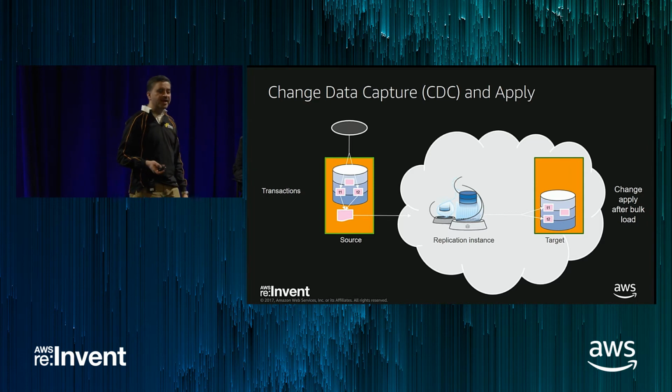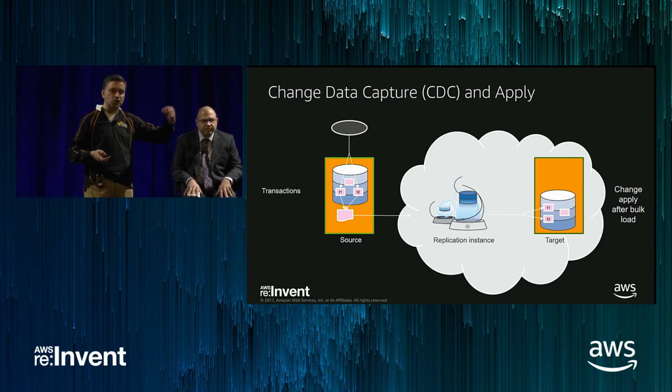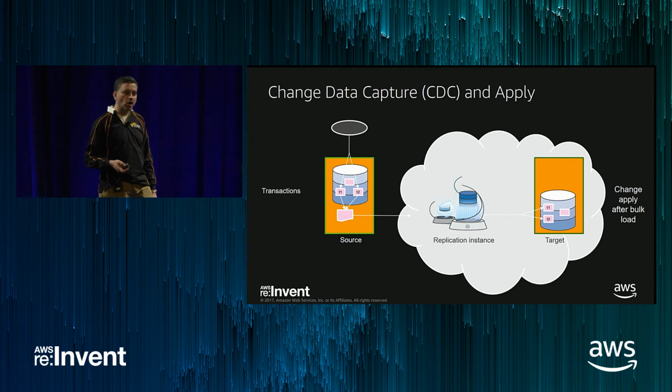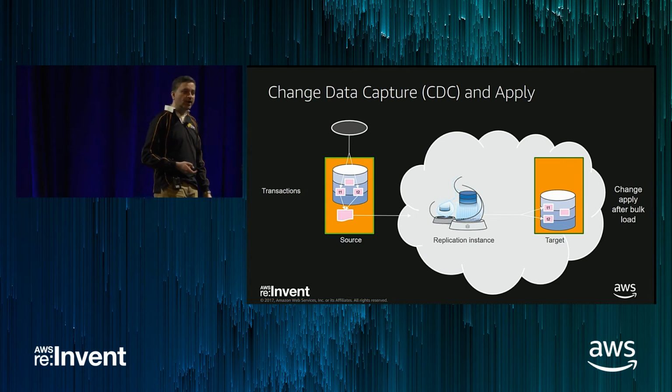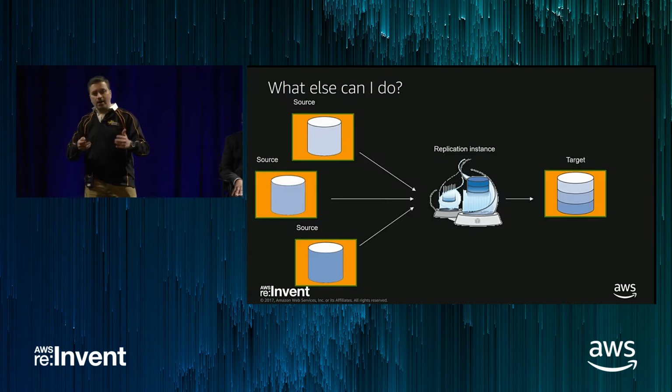You can also use change data capture. That means you can have the replication running, so as data is written to your primary database, it gets updated to the secondary copy so that everything is up to date and it's easy for you to fail over to your new database. What else can you do? You can fan in or fan out.